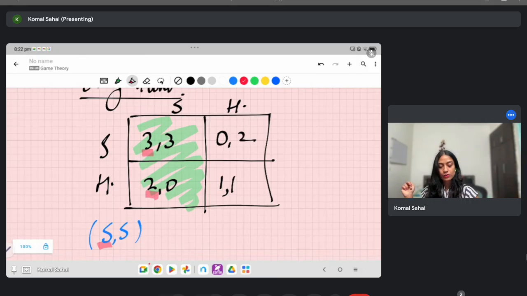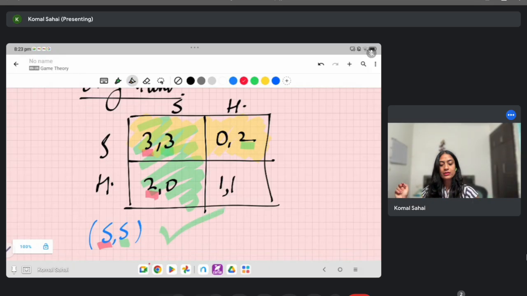So player 1 is not going to deviate. From the point of view of player 2, if player 1 is going to play S as specified by her equilibrium strategy, then if she sticks with S, she will get 3, whereas if she goes to H, she will get only 2. Okay, so this qualifies, there will be no deviation.